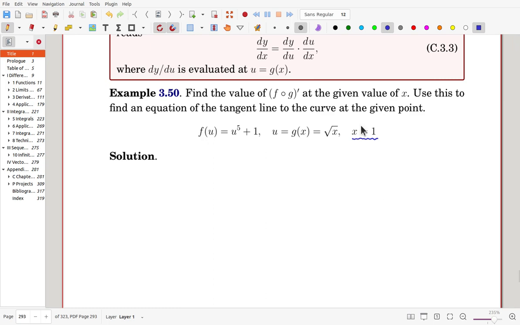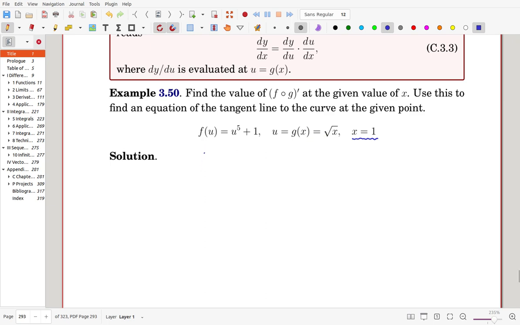Now first we have to find the derivative. f of u is u to the 5 plus 1, and u is a function of x, the square root of x.